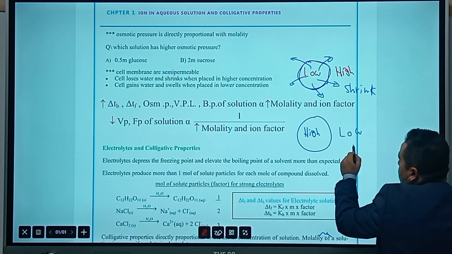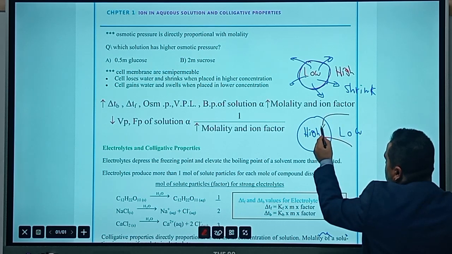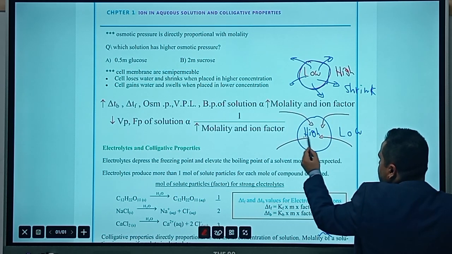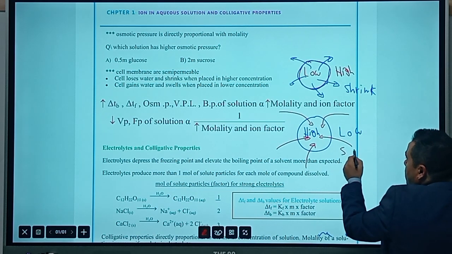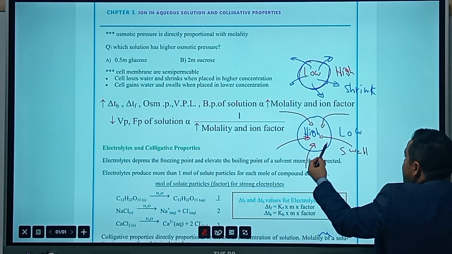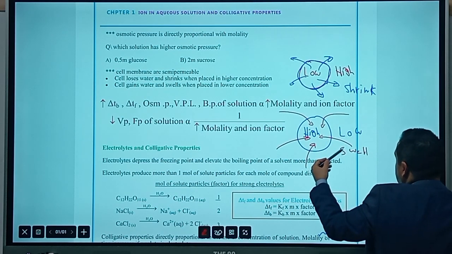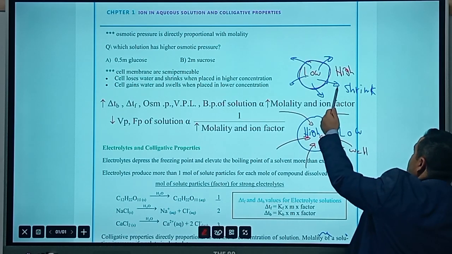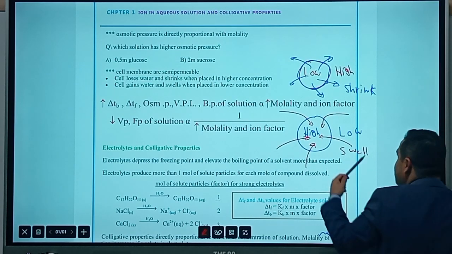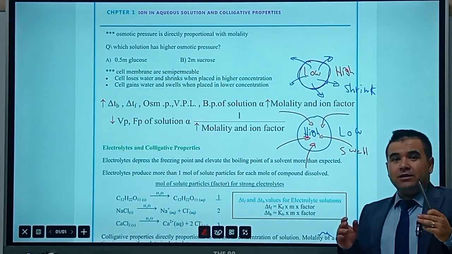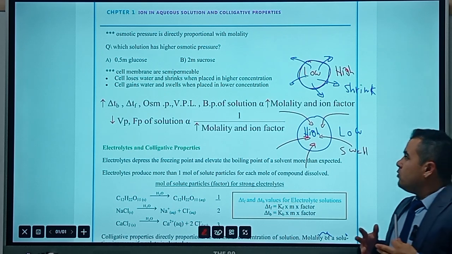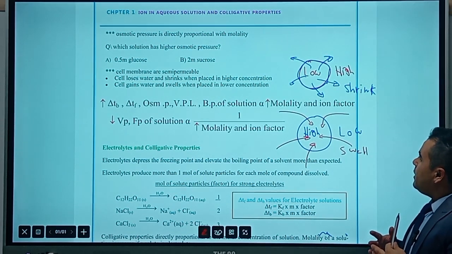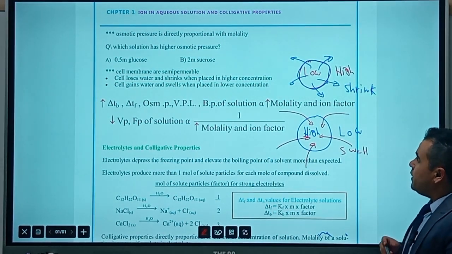From the low concentration there will be movement of water to the inside of the cell, and in this case the cell swells. So the osmotic pressure must be applied to stop the shrinking or swelling of the cells, in order to not let the cell burst or die. That is due to the osmosis.